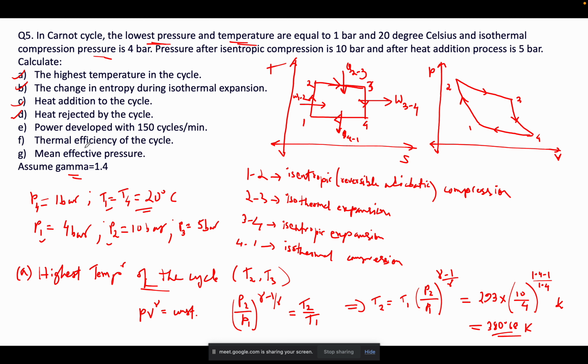Now you have to calculate the power developed with 150 cycles per minute. Okay, so it is telling us that there are 150 cycles developed per minute. Then you have to calculate first the power developed by one cycle, then the power developed by 150 cycles, I mean how many cycles in seconds.